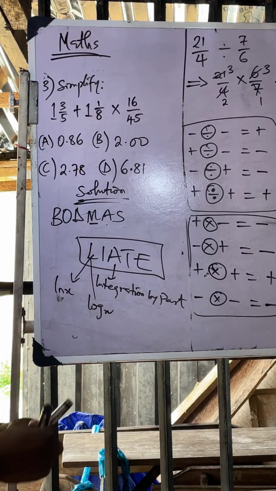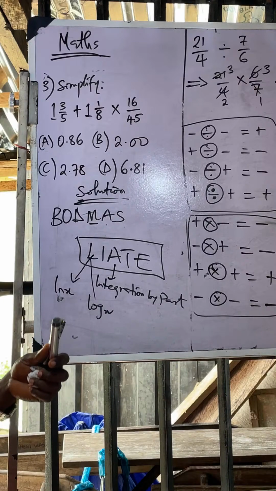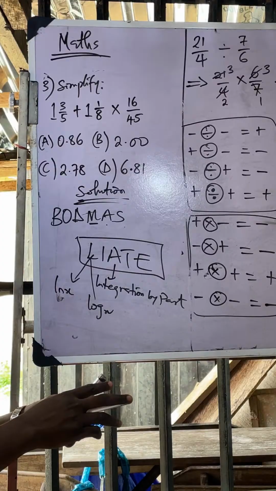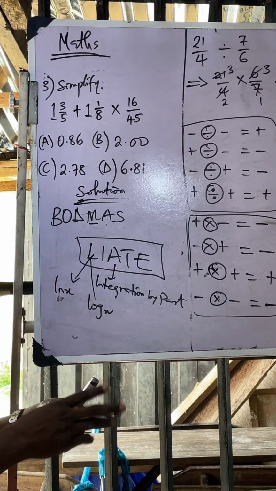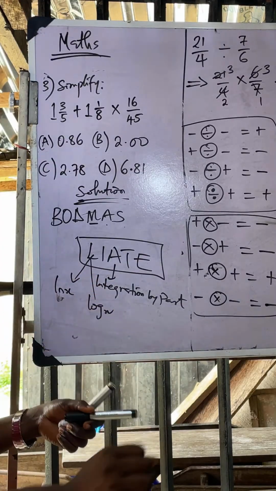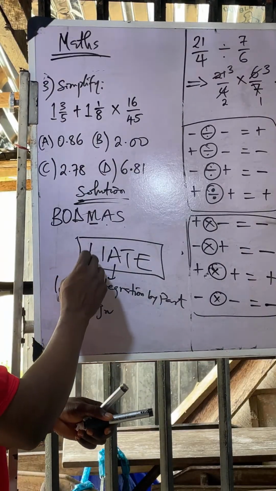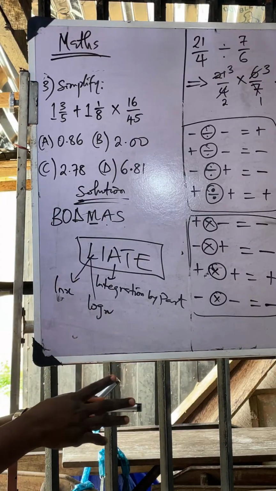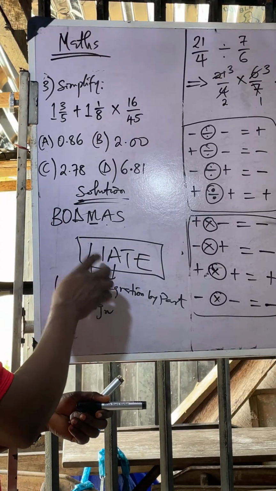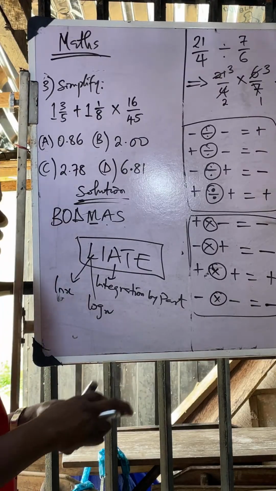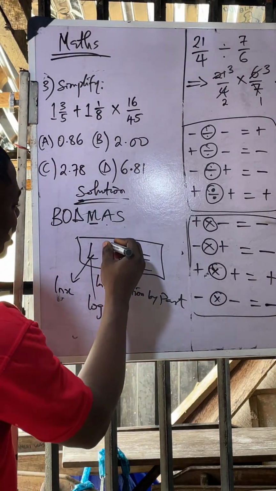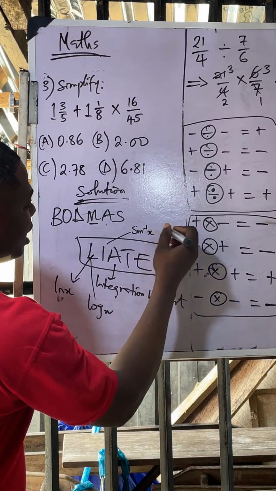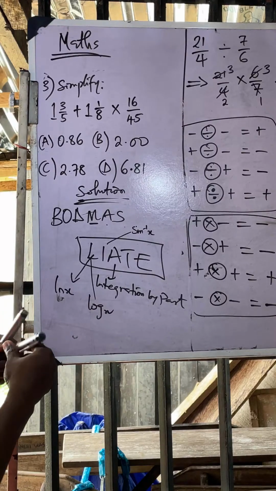So with this RATE, none of those students that really paid attention while the class was going on had issues with this kind of thing. They will always say, orderliness, RATE. Then after logarithmic function, which is either natural or common, we have inverse trigonometric function, like sine inverse of x, cos inverse of x, tan inverse.